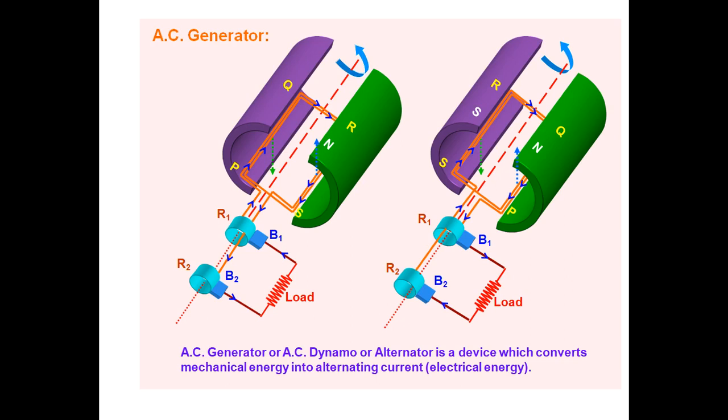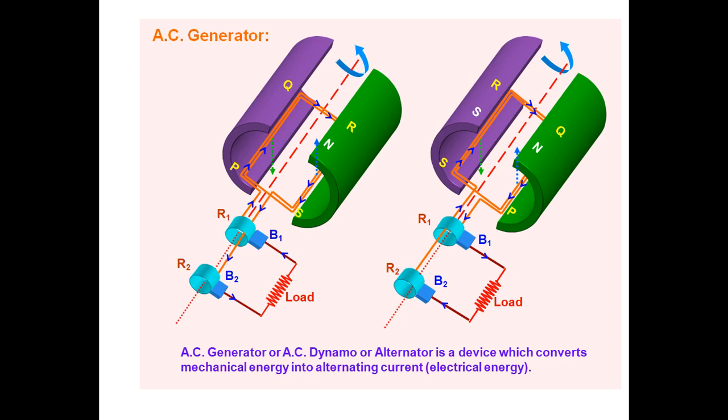Then, on which principle does the AC generator work? It works on electromagnetic induction. So, what is the concept of electromagnetic induction? When a coil rotates in a uniform magnetic field, EMF is induced in it.